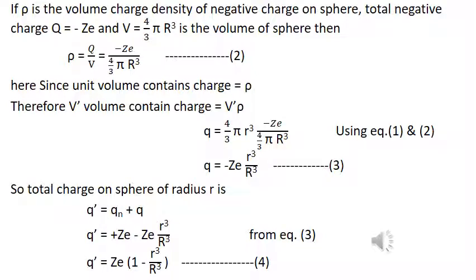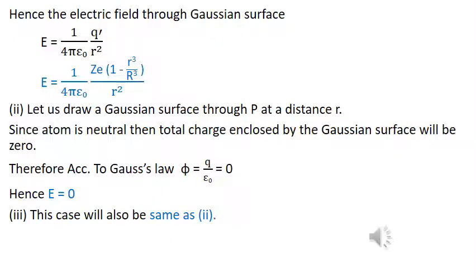By adding these two we get the total charge enclosed by the Gaussian surface Q dash is equal to Ze times 1 minus r cube by capital R cube. Therefore, the electric field through the Gaussian surface which we have considered is equal to 1 by 4 pi epsilon naught Q dash by r square. By putting the value of Q dash, we get the result of this problem.